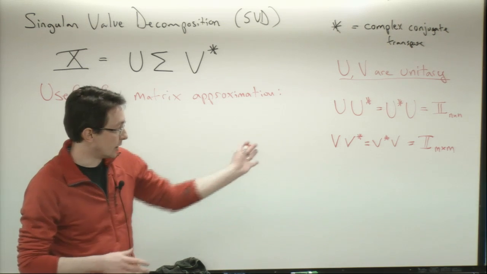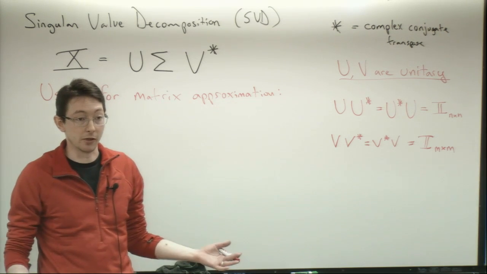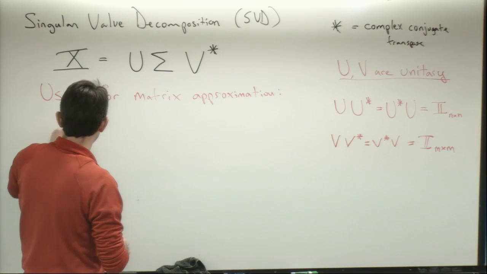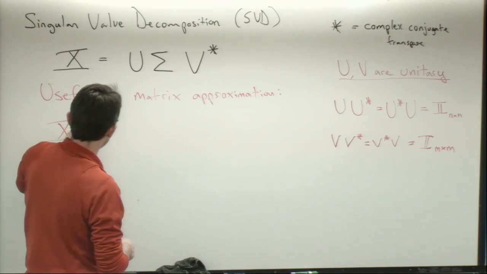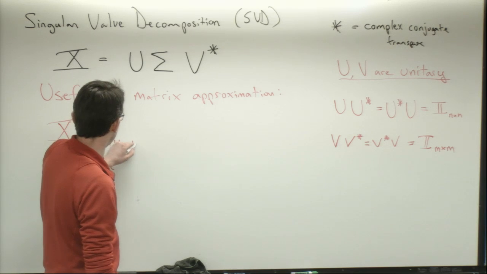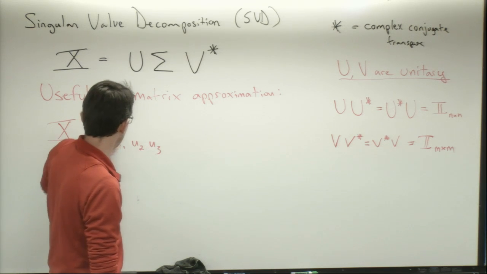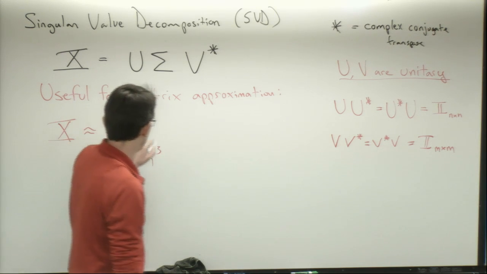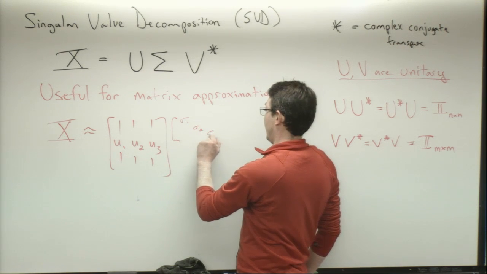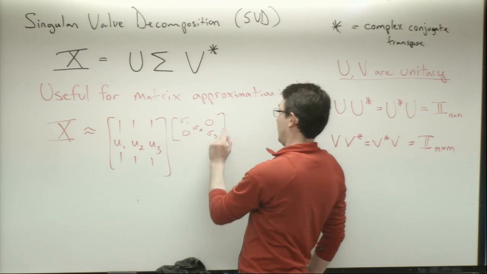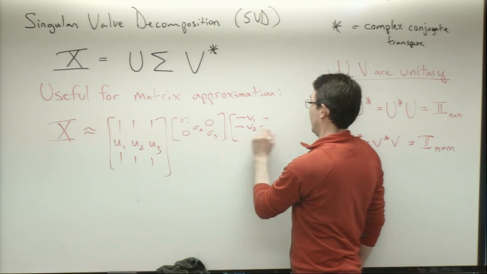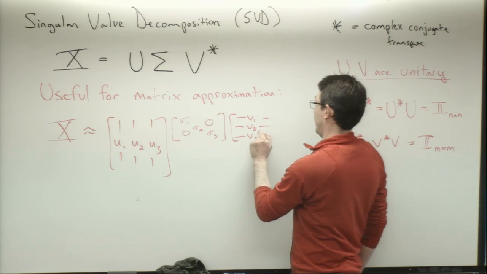I could always just truncate that sum after the first couple. I could just say X is approximately equal to U1, U2, U3 times sigma 1, sigma 2, sigma 3 times V1, V2, V3 star.